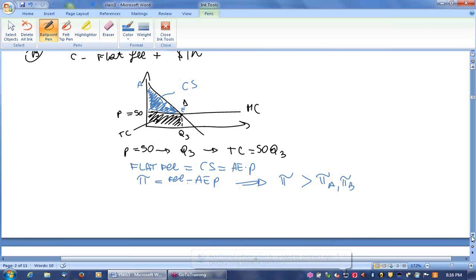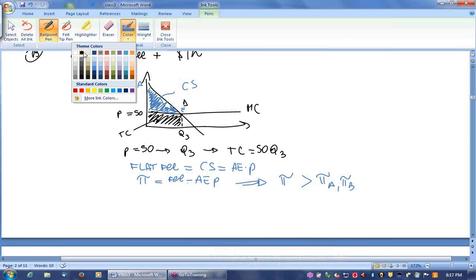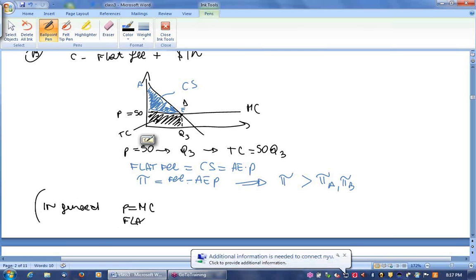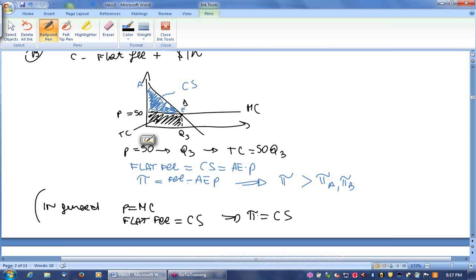You can find this in the book, maybe you should read it. So in general, the price will be set equal to the marginal cost and the flat fee will be equal to the consumer surplus. This means that the profits will be exactly equal to the consumer surplus. So the monopolist is taking away all the consumer surplus.